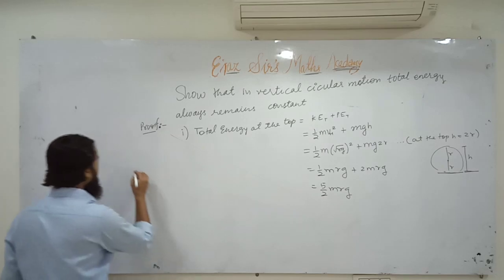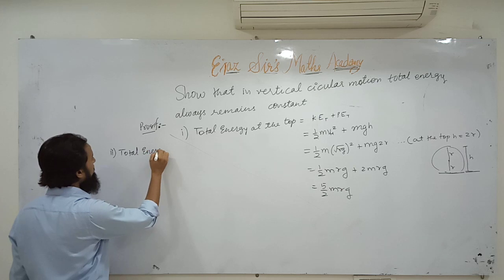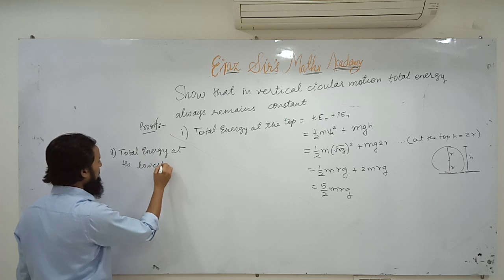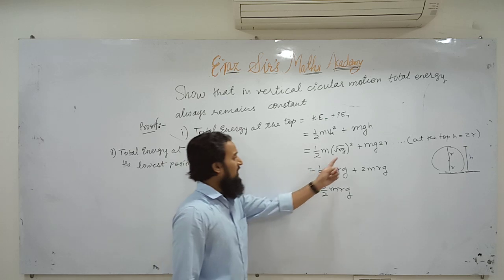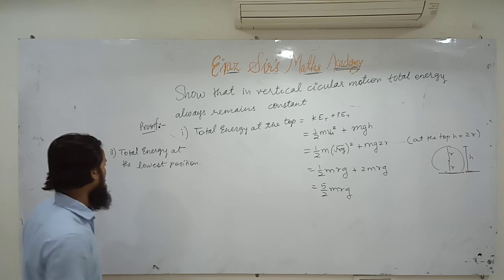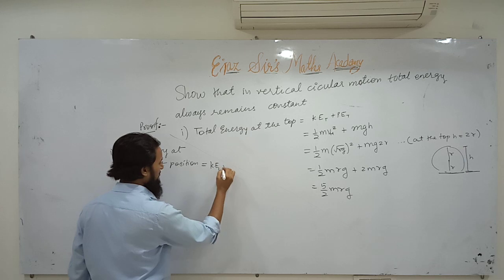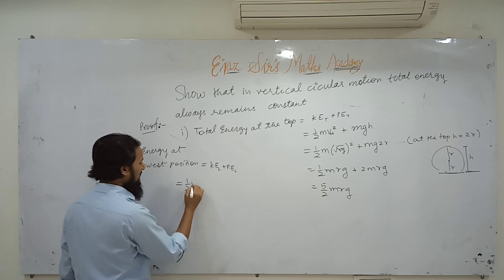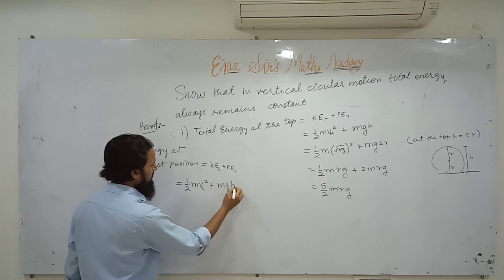Let us now find out number 2: total energy at the lowest position. We know at the highest position Vh is equal to root Rg. Here we will put VL is equal to root 5 Rg. So total energy at the lowest position will be kinetic energy at the lowest plus potential energy at the lowest. Kinetic at the lowest will be half m VL square plus potential energy at the lowest, mgh.